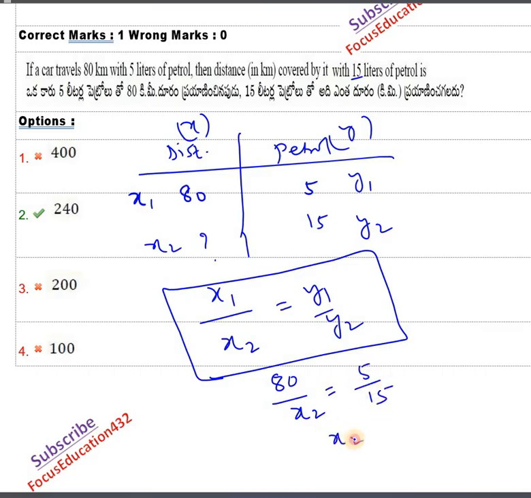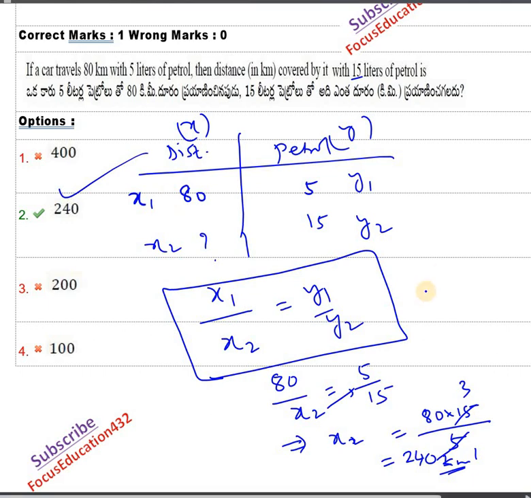Cross multiply. x2 is equal to 80 multiplied by 15 divided by 5. So 5 ones are 5, 5 threes are 15, so 80 into 3 is 240 kilometers. So the answer is 240 kilometers.